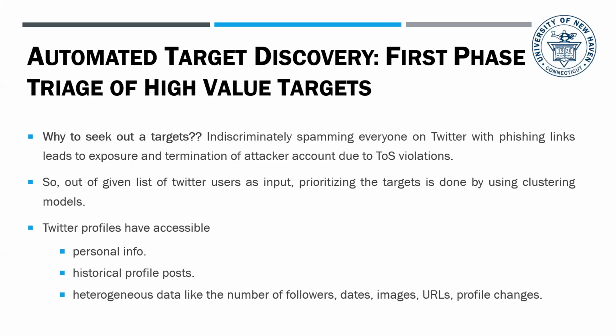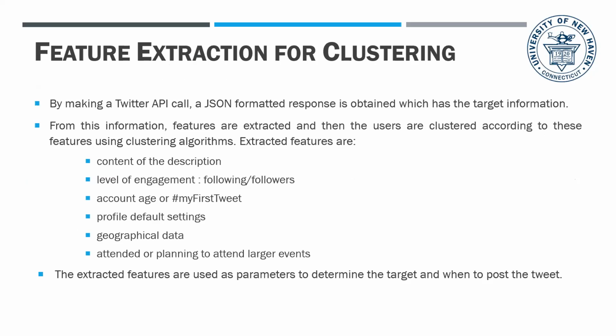From Twitter, we can even access the time and the date they have posted the tweets. Now the features for this clustering model are very crucial and need to be selected very carefully in order to select a particular user as a target.